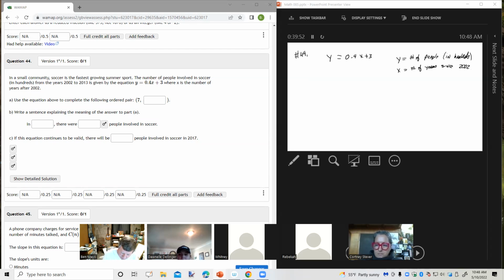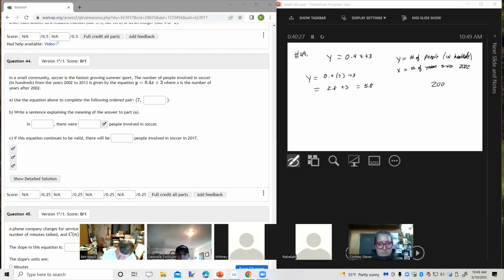Okay, so use the equation above to complete the following ordered pair. 7 comma what? So you're going to put 7 in for x, which is going to be 2.8 plus 3, which is 5.8. So your first answer right here should be 5.8, okay? And then write a sentence explaining the meaning of the answer of part A. In what year were there blank people involved in soccer? 7 is the number of years since 2002.